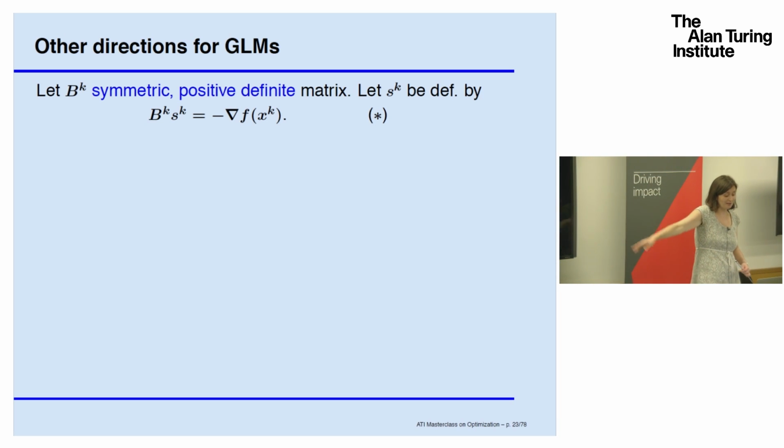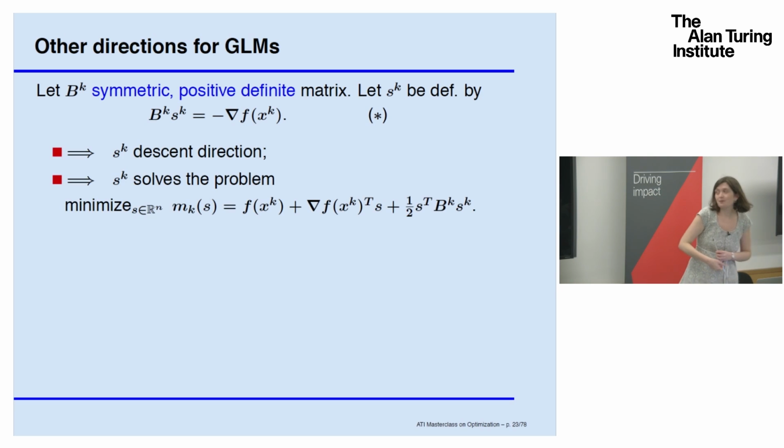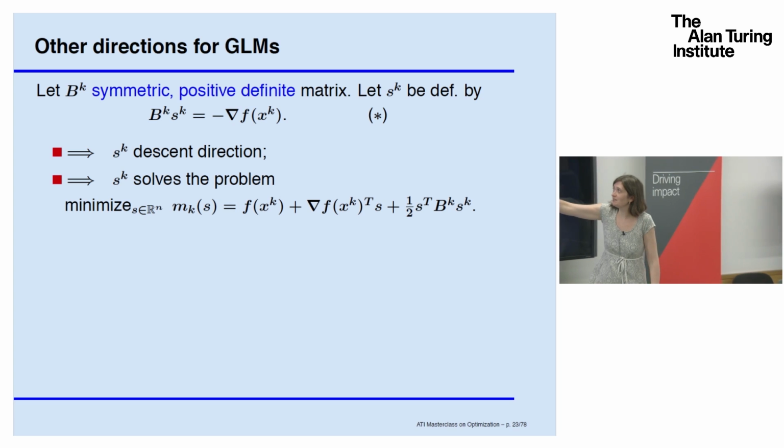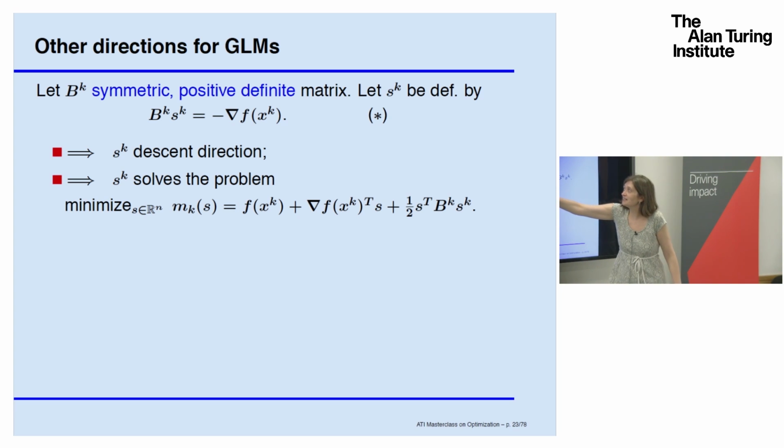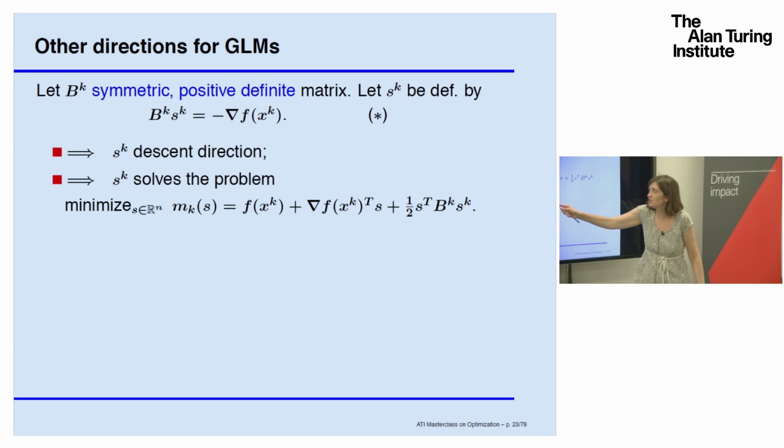So now, what have I done though? Before I just computed the negative gradient. Now I have to solve a linear system to compute my direction. So the cost has increased. But if bk is symmetric and positive definite, sk is minus this times the gradient, you can show that this direction is descent.